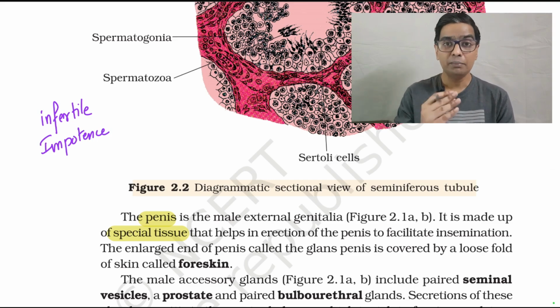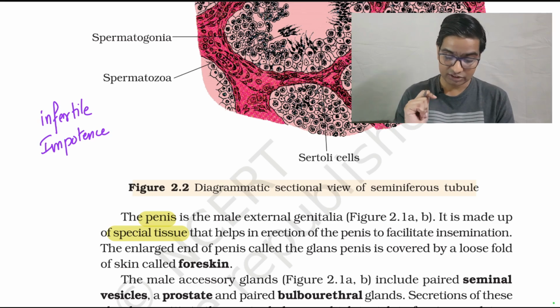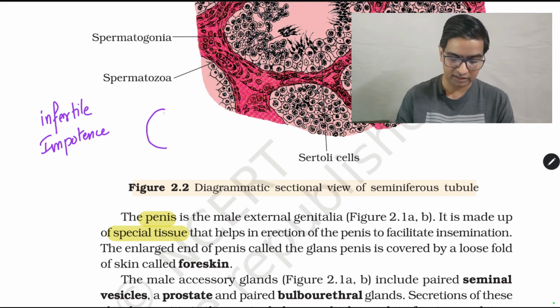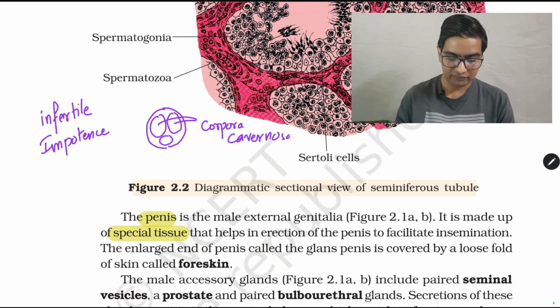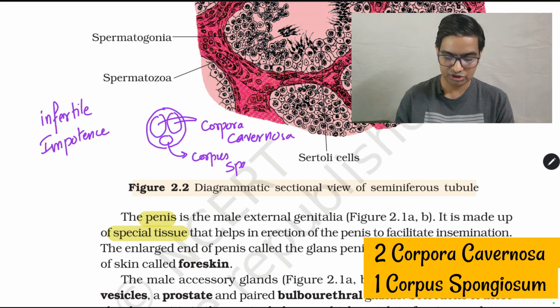Now, what makes the penis erectile? It's the special tissue. There are three tissues. If I take a section of a penis like this, there will be three tissues, one below and two on the sides. The side tissues together are called corpora cavernosa, and the one below is called corpus spongiosum.